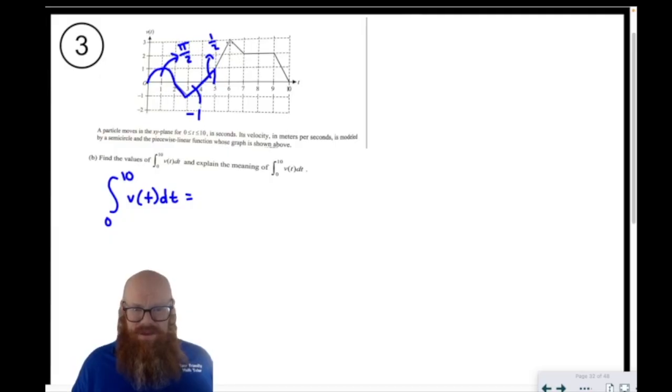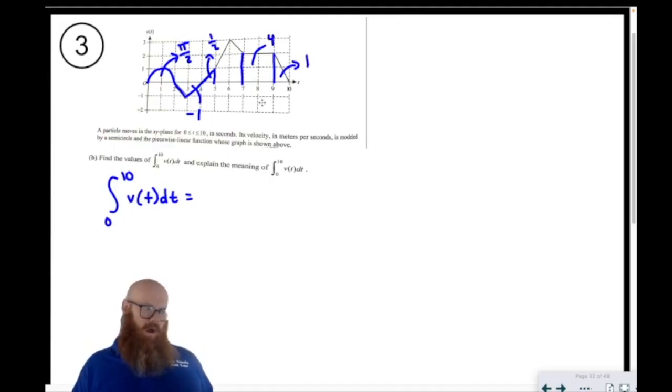No, I'll just go, there's a bunch of different ways. I definitely want to do this. So this is 4. And I definitely want to do this. So this is 1 times 2 is 2, so that's 1.